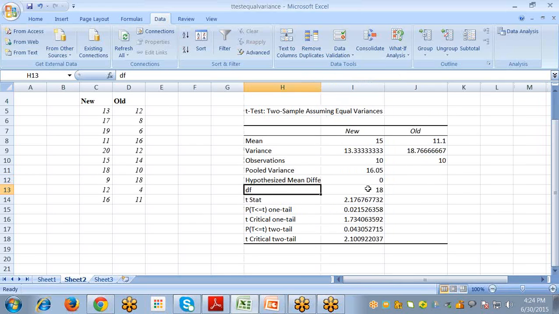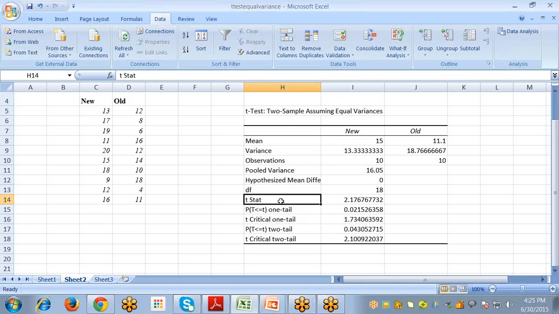And the degrees of freedom is 8. Now the t statistic, then the t critical one-tail and t critical two-tail, and the p values. If the t statistic is less than the t critical, we cannot reject our hypothesis.